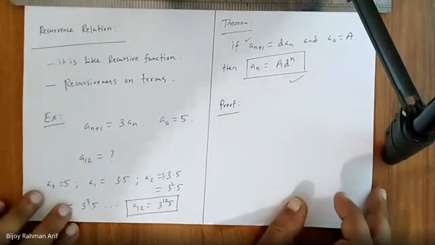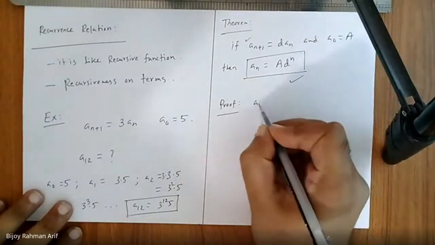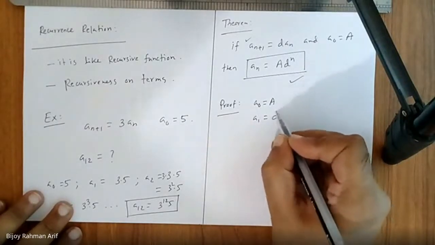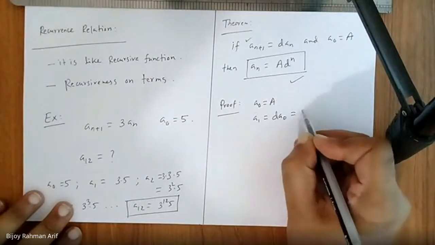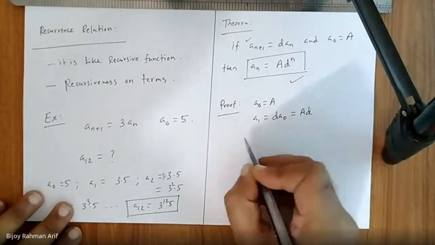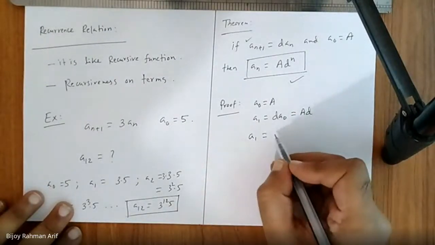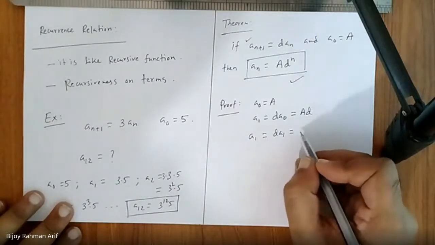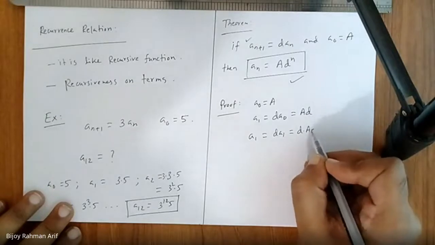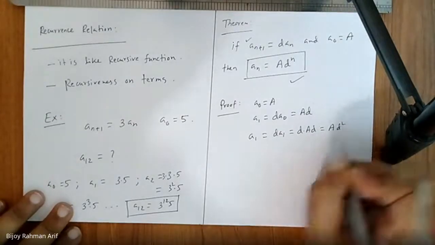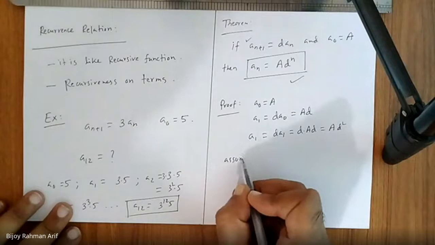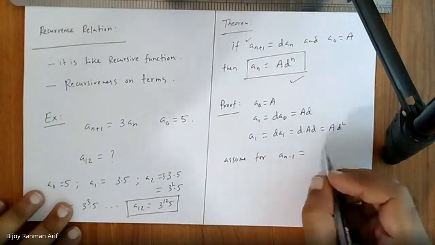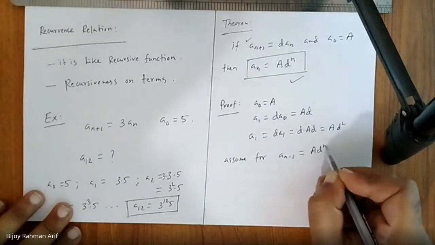See, using induction, it can be proved. a0 = a. a1 = d a0, which is nothing but ad. a2 = d a1, which is nothing but d into ad, which is nothing but ad square. Assume it holds for a(n-1) = a d^(n-1).